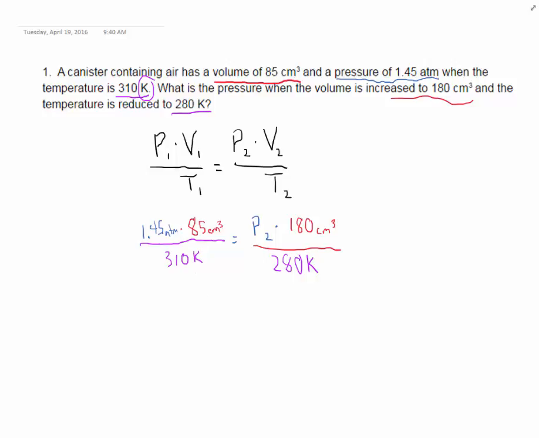Now I simply do the math. Since I have all the numbers on this side, I'll change that into one number, and when you do that math, you end up with 0.398.